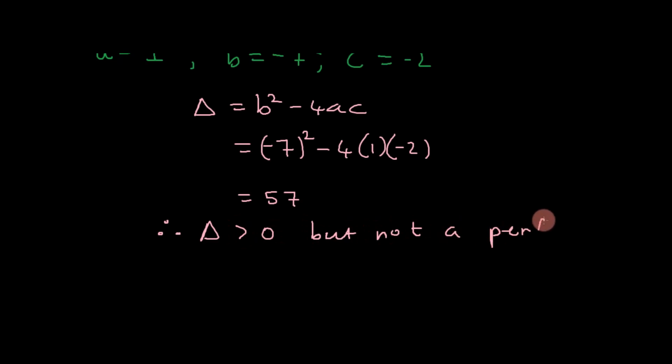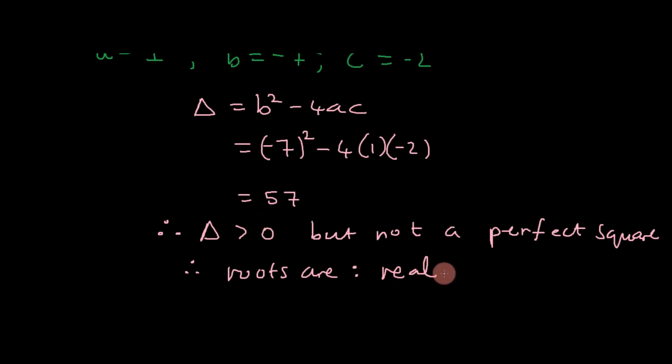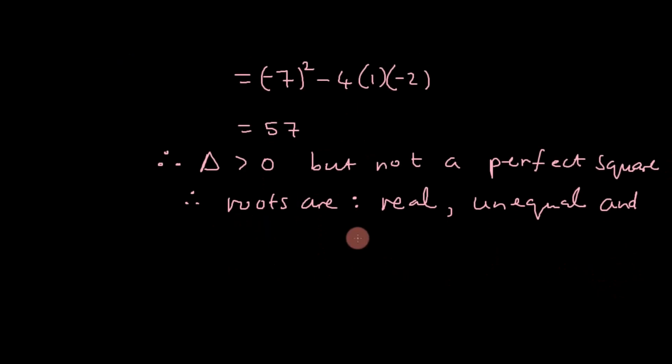So we can conclude that the roots are, firstly, real, since delta is greater than 0. It's unequal, because delta isn't equal to 0, and it's also irrational, since delta is not a perfect square.